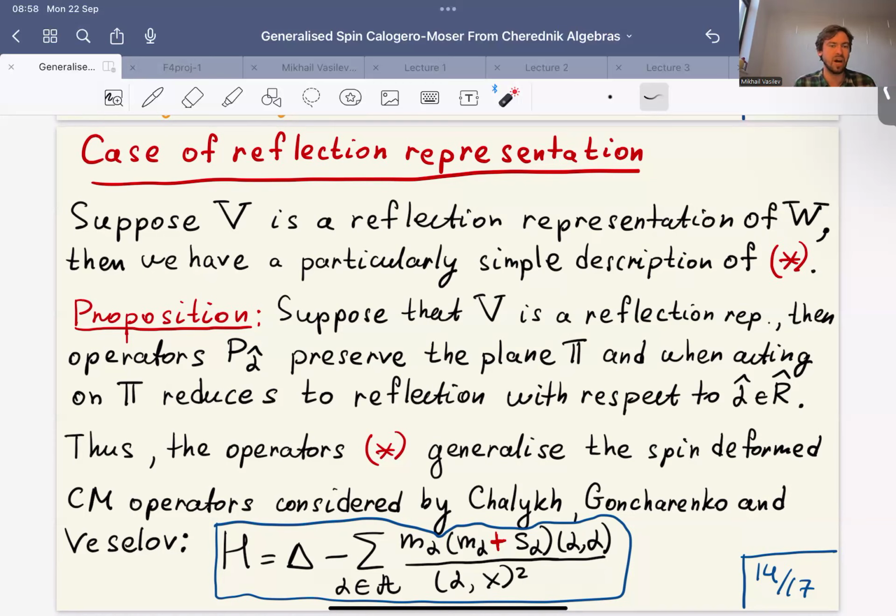We can just define it, and we can get commuting operators from W-invariant polynomials of Dunkl operators. By this construction, we obtain operators considered by Chalykh, Goncharenko, and Veselov, who considered these generalized spin Calogero-Moser operators only in the reflection representation.